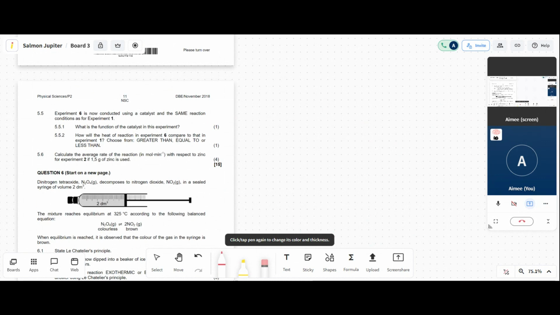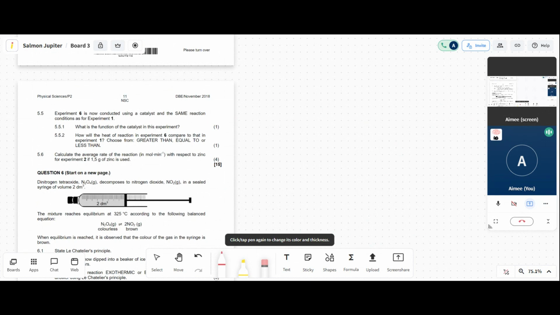The function of a catalyst is that it speeds up your reaction or increases your reaction rate. It lowers your activation energy. It makes it possible for more of your molecules to participate in the reaction and increases reaction rate. That's the answer.